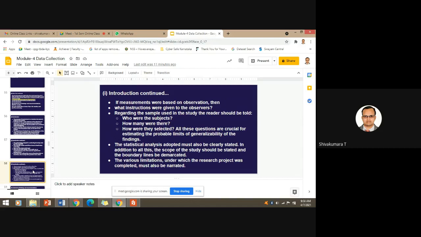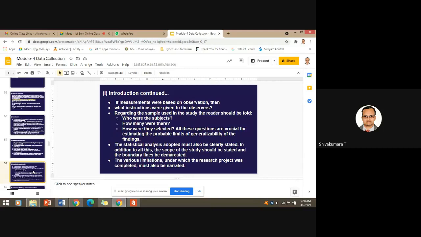Suppose any samples are used, then you need to tell exactly who the subjects are. Either a population is the subject, or the material is the subject, or the subject itself is the subject. How many were there?